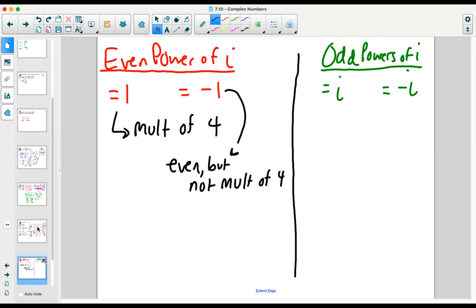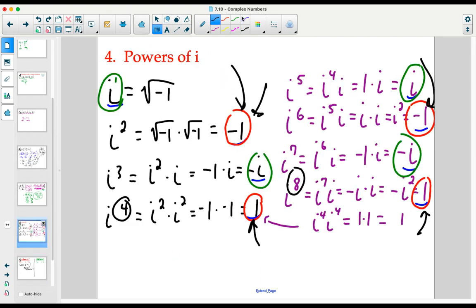Looking at i and -i. So where did I get my i's? I got my i's at i to the 1st, i to the 5th, and the next one will be i to the 9th, then i to the 13th. Sure, those numbers are all odd, but we want to think about them in relation to the multiples of 4. It looks like i keeps starting the group.